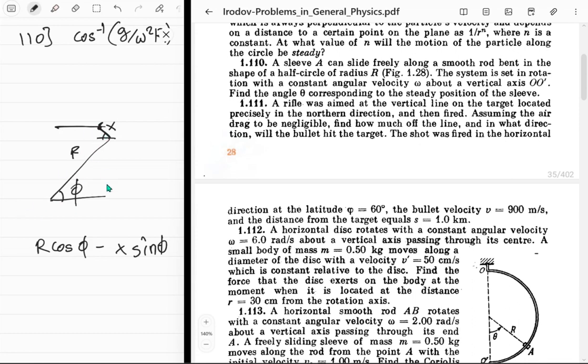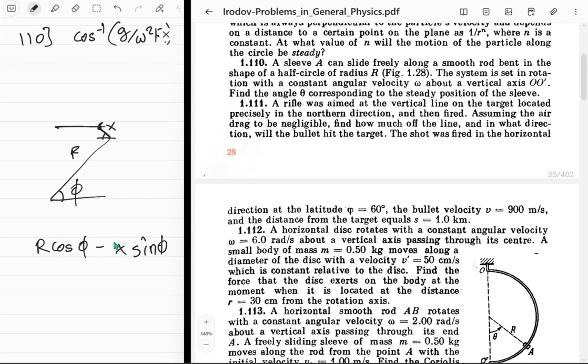Anyway, sine phi doesn't change all that much. This x thing is increasing at the rate of the velocity, basically, because the horizontal velocity is fixed anyway, but we approximate the vertical velocity to be 0. You get the idea, right?